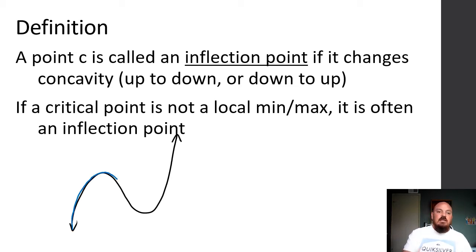So basically right here, this part, and I'll color it in so you can see it really well. If you look at just the part I colored in blue, even though it's extended on one side, you can see it's like an upside down bowl. So that's concave down. But right where I stopped, I'm going to mark a green point. There's an inflection point right there, because if you look to the right of that point, all of a sudden you have that bowl-shaped up right here.